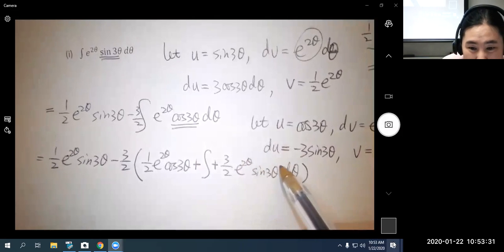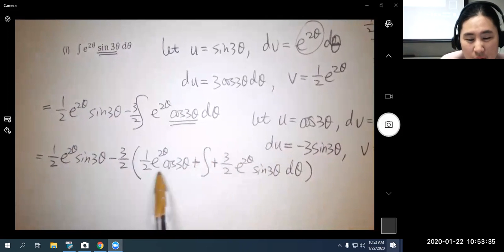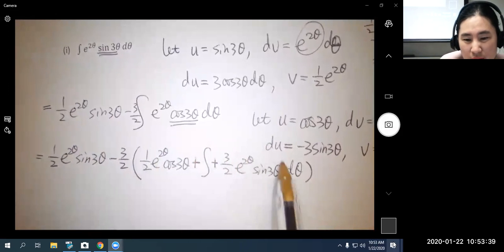e to the 2 theta sin 3 theta. However, we have to simplify and get the coefficient of this integral.